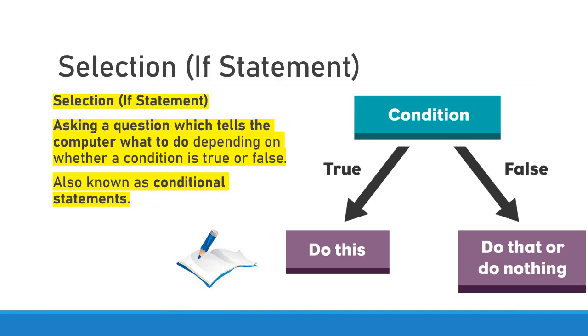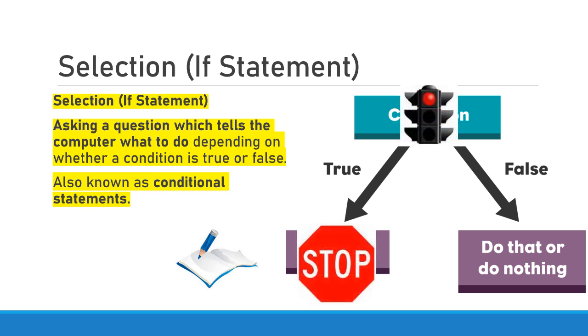But we also talked about selection, how that's just asking questions which tells the computer what to do depending on whether a condition is true or false. For example, if you see a red light, you would stop. Otherwise, or else, you would go.